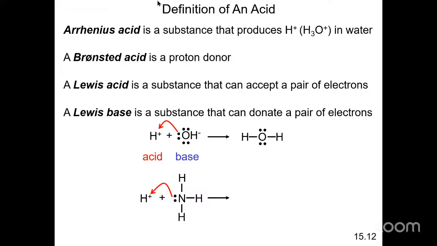It should be KB. So KB times 0.20, KB is 1.3 times 10 to the minus 5, and that gives you 1.9 times 10 to the minus 3. Now you have to remember, this is the concentration of OH minus.